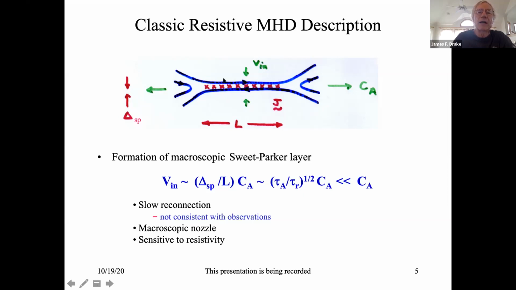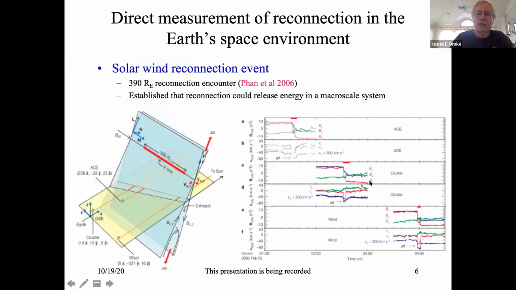And because of that high elongation and the requirement that whatever comes into the current sheet has to go out, the constraint of number conservation, or continuity, tells you that the inflow speed is this micro width over the macro length times C_A, which means you have very slow reconnection, much less than the Alfvén speed.